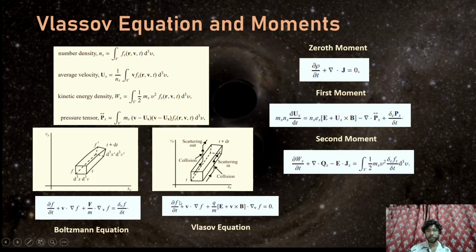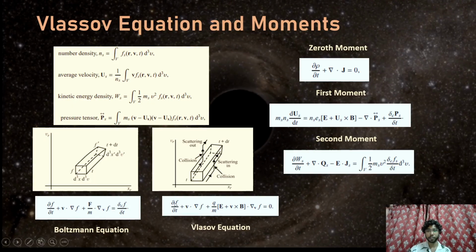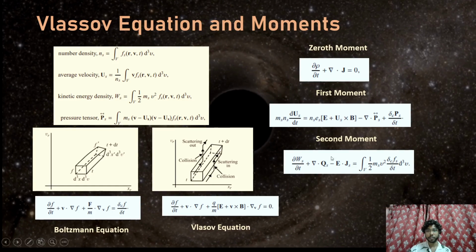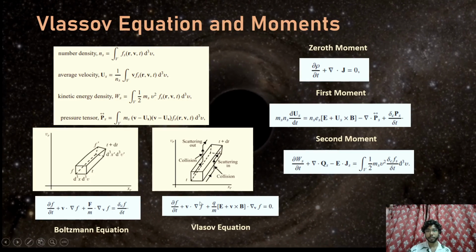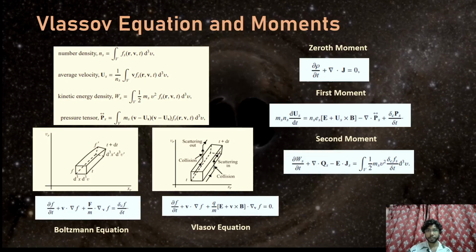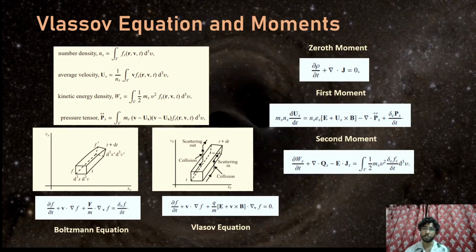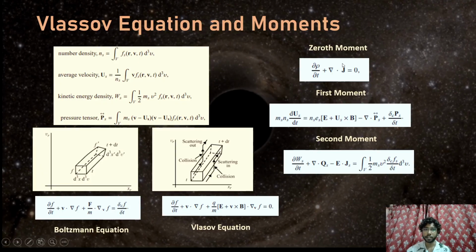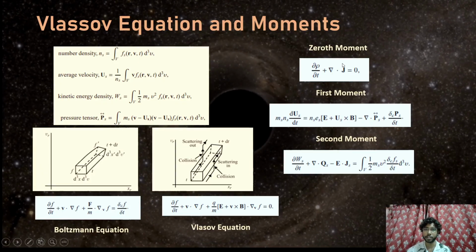By the first moment, we mean phi to the power of 1, or phi, should be multiplied with f and then integrated over. Similarly, for the second moment, phi square will be multiplied with f and then integrated over. We'll just derive the moment equations.